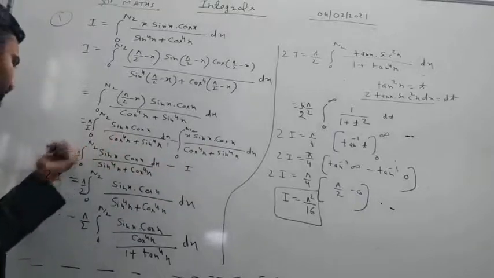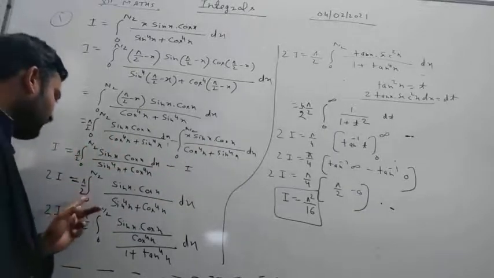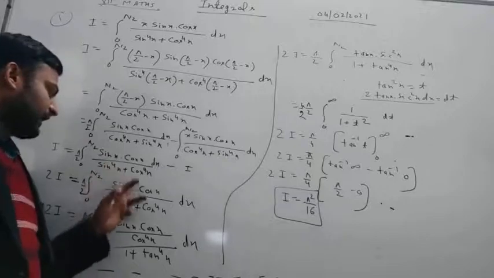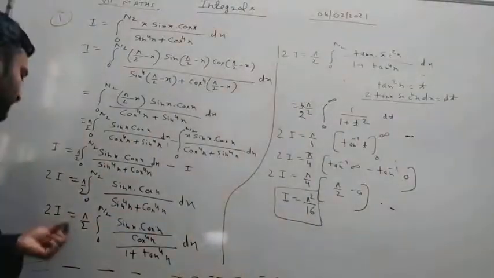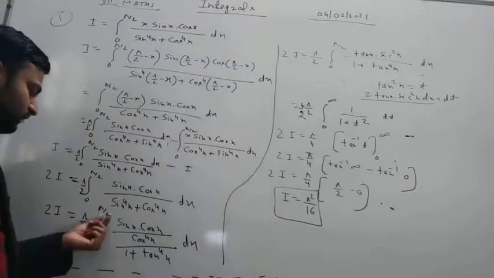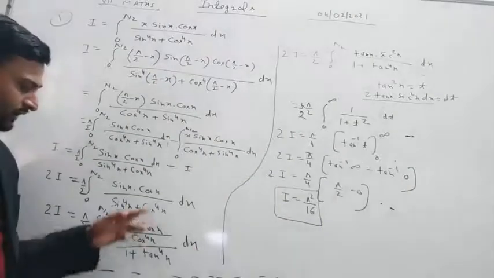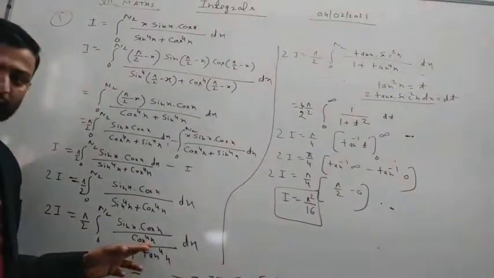When we take this I to the left hand side, we get 2I is equal to pi by 2 times the integral from 0 to pi by 2 of sin x cos x by sin to the power 4x plus cos to the power 4x. Now we are dividing numerator and denominator by cos to the power 4x.